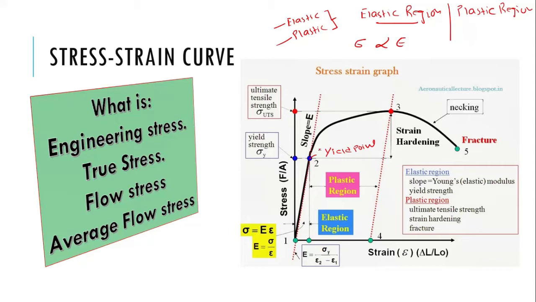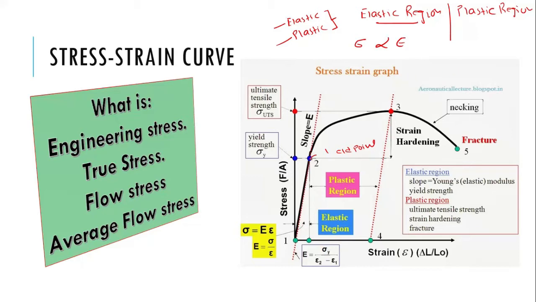As you can see here, with a small amount of stress applied, there is a larger amount of strain being produced. Then you can see here, with this small value of stress, there is a greater strain produced on the x-axis, right? So it means there is some different relationship between the stress and strain in this region.